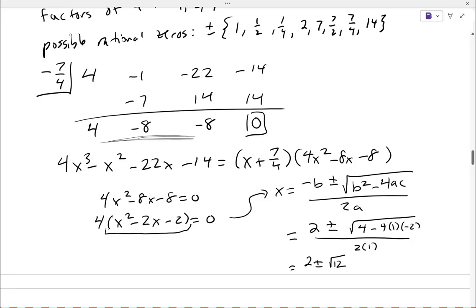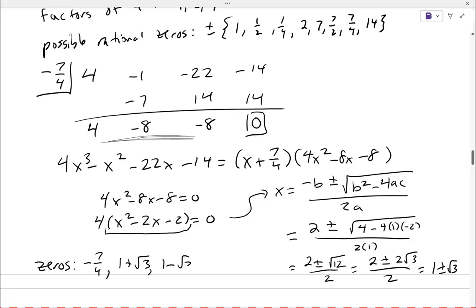We'll get square root of 12 over 2. Twelve is 4 times 3, so I get 2 plus or minus 2 root 3 over 2. Your 2's will cancel everywhere, and you'll get 1 plus or minus root 3. So your zeros here are -7/4, 1 plus root 3, and 1 minus root 3.